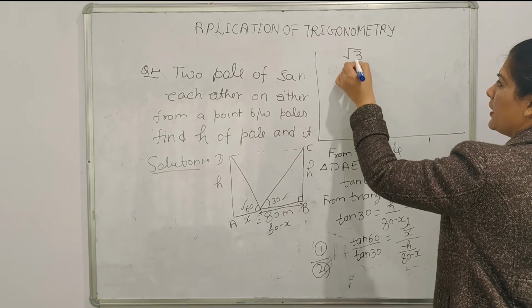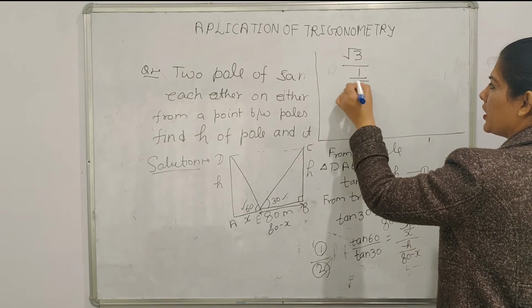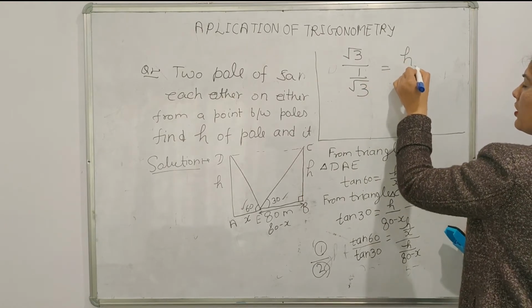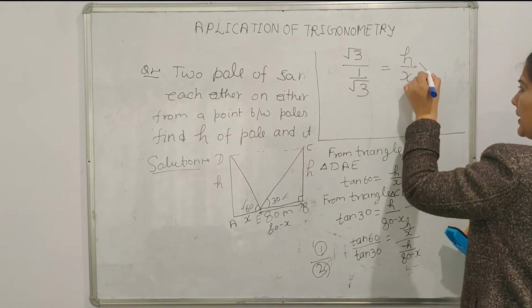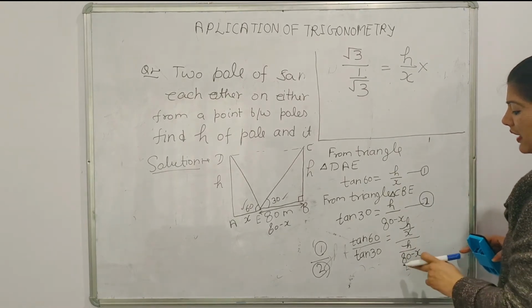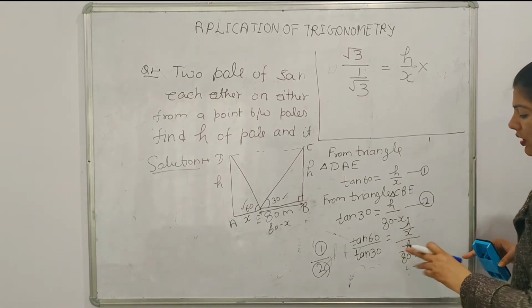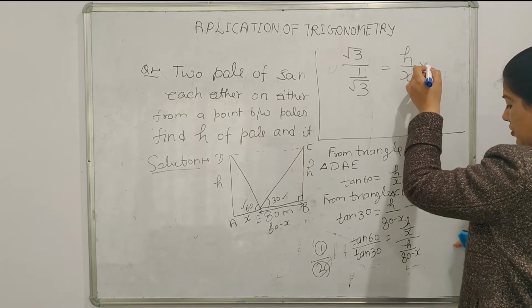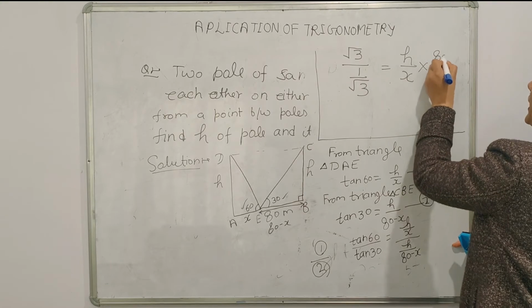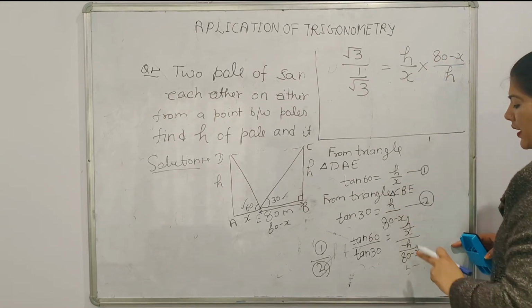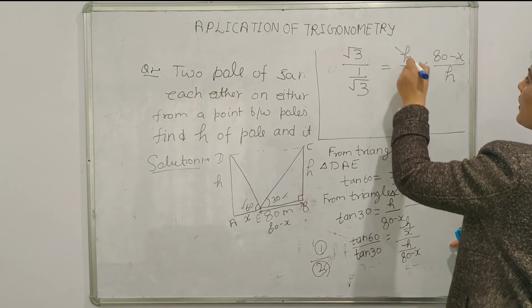Root 3 divided by 1 upon root 3 is equal to h by x multiplied. This division converts into multiplication, as you have to take the reciprocal of the denominator fraction. 80 minus x upon h is the reciprocal of h upon 80 minus x.